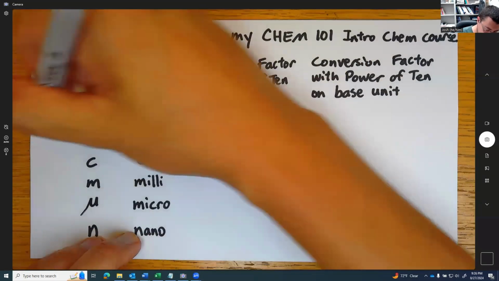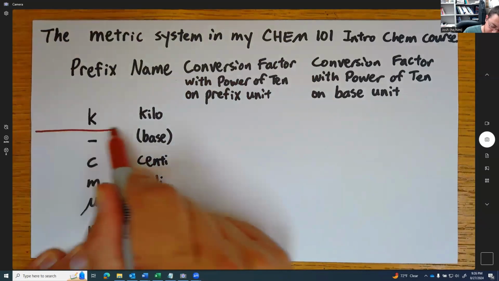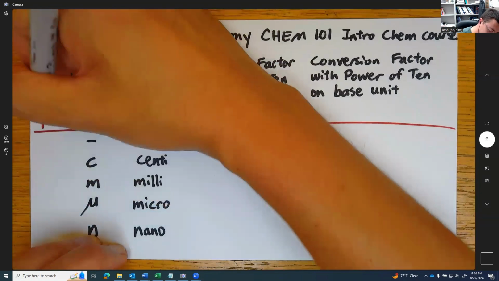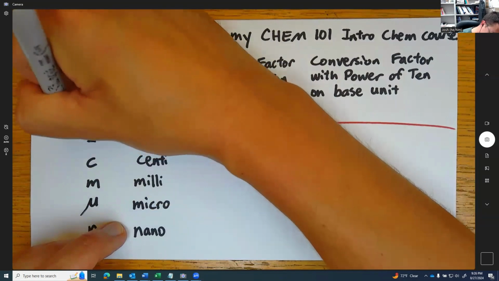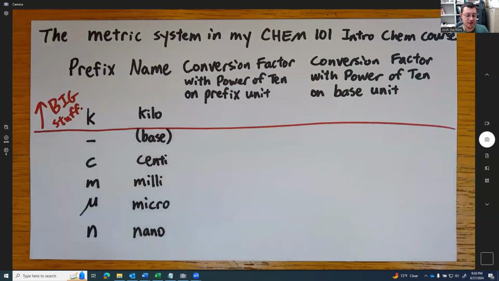Before we go on, I think it's important for you to have a feel for these prefixes. So I'm just going to make a red line here. And then going up, I'm going to say big stuff. We're talking about like kilometers. We're talking about like megabytes.